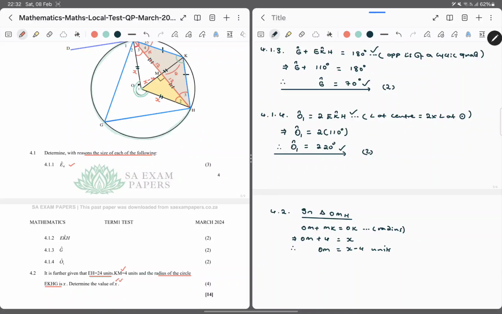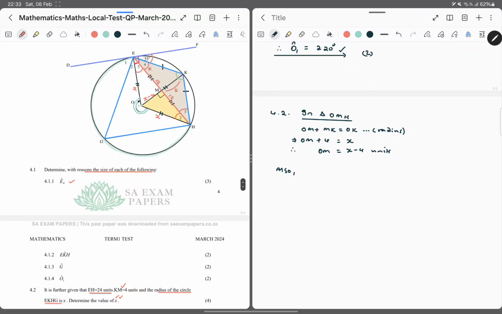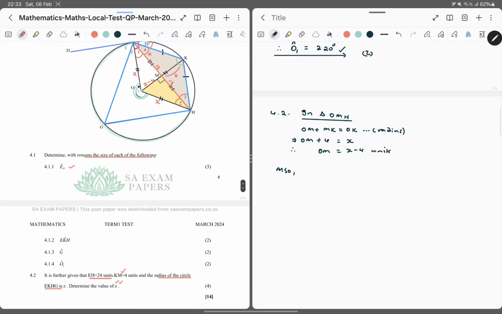Very important to show this, because you can't just show up with dimensions that we don't know where they come from. Right? Very important. We can say also, we know without a shadow of doubt that MH is equal to a half of EH.